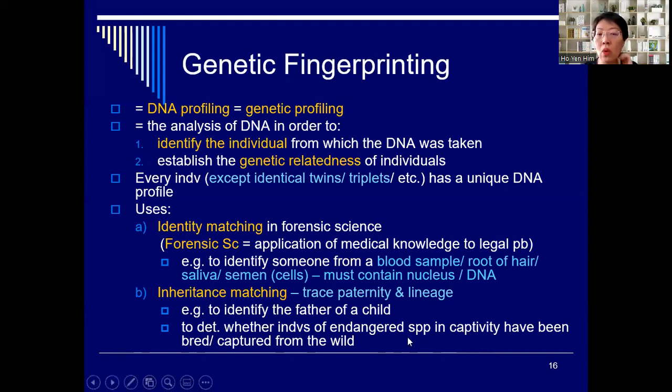We want to know whether the individuals of endangered species in captivity have been bred or captured from the wild. We will know depending on how related their genetic fingerprints are with those organisms from the wild versus those that are bred in the zoo.